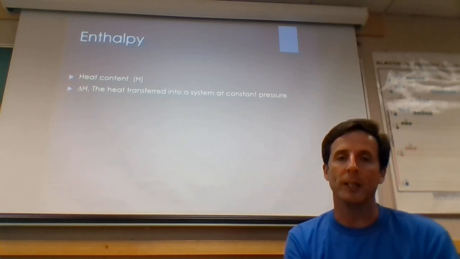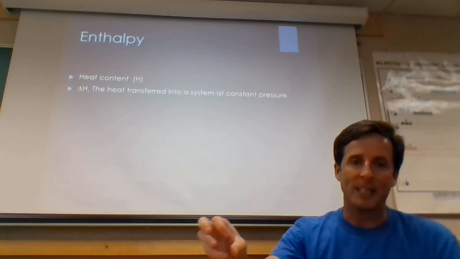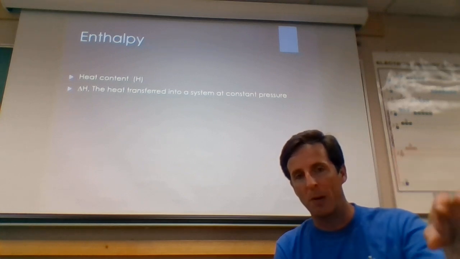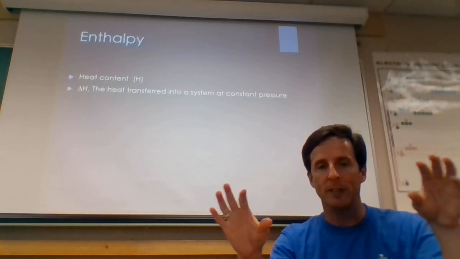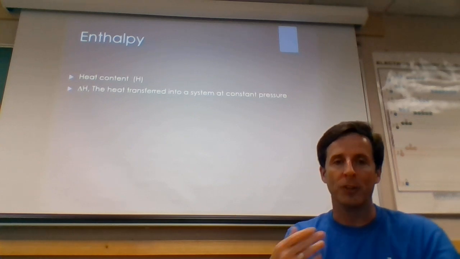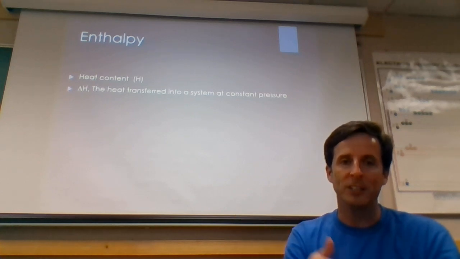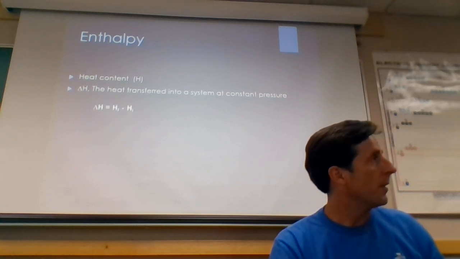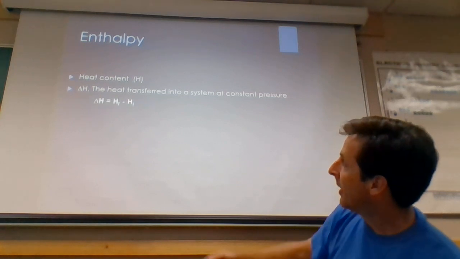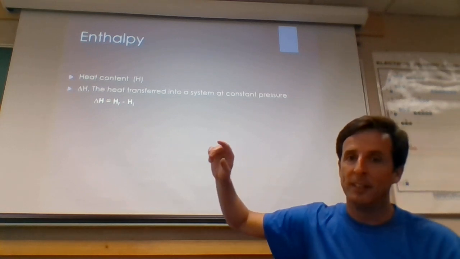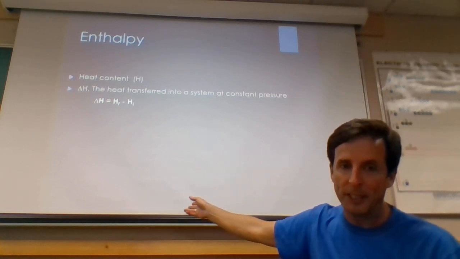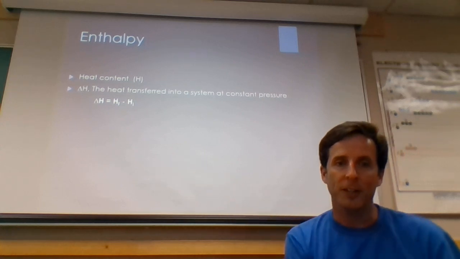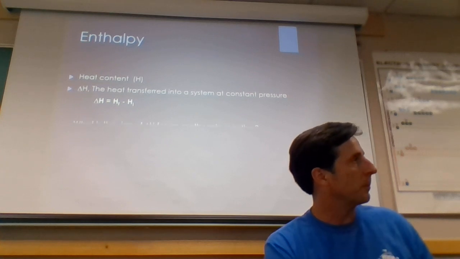If we do a chemical reaction, the reactants have a certain amount of heat stored in the molecules, the products have a certain amount of heat stored in the molecules, and the difference between those two heat values is called delta H. It's the change in the enthalpy during a chemical reaction. So the delta H is the final heat content minus the initial heat content, which means the product values minus the reactant values to get the delta H for a chemical reaction.